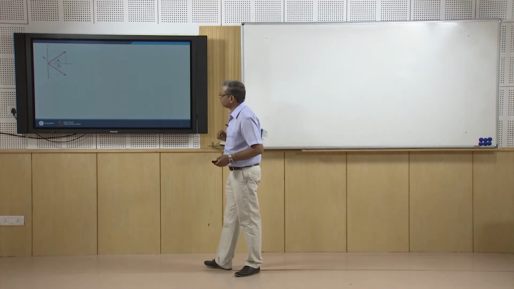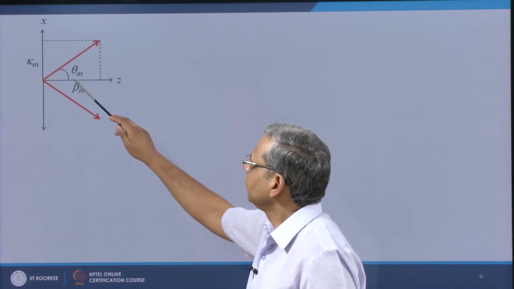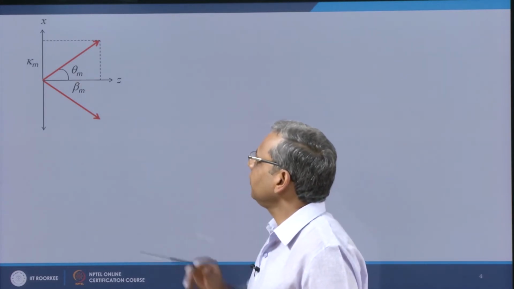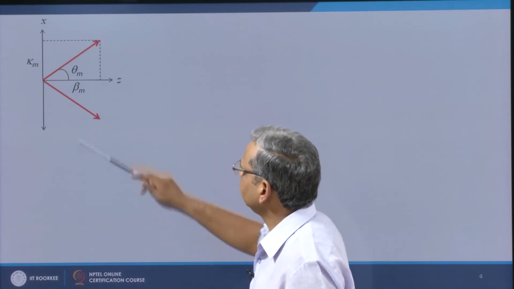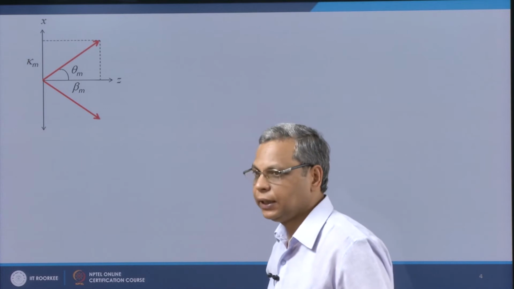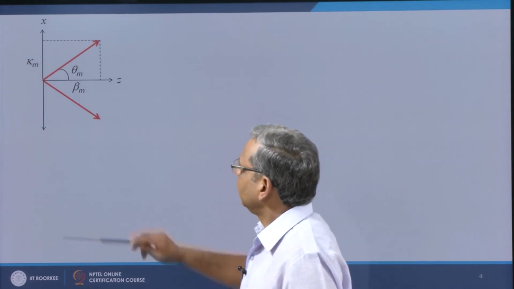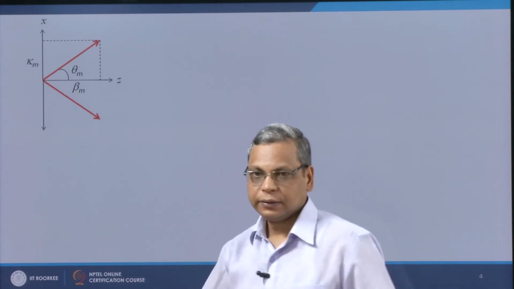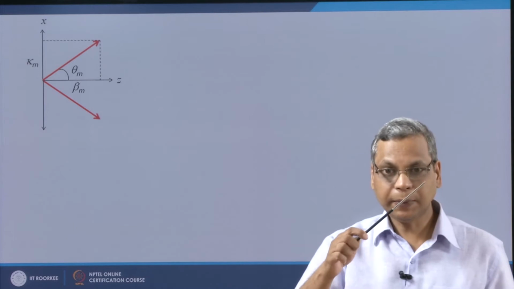Let me put them together here in the xz plane. One is moving at an angle theta m with the z axis and another one is moving at minus theta m angle with the z axis, and this has to be the propagation constant in the medium of a plane wave.